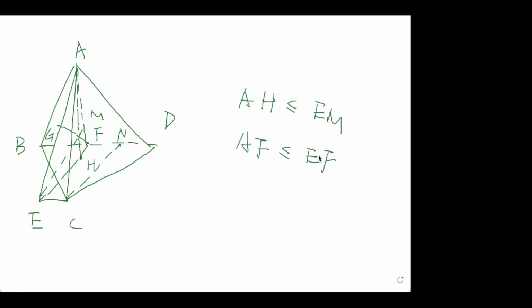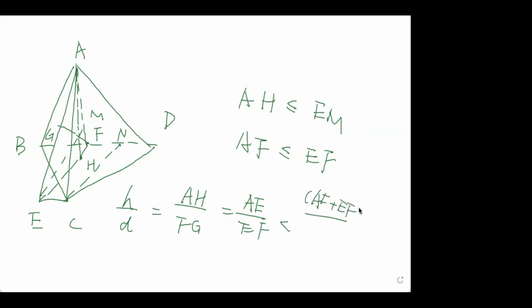And we notice that AEH is similar to the triangle FEG. This way you have H over D equals AH over FG equals AE over EF, which is smaller than AF plus EF over EF, which is smaller than or equal to 2.